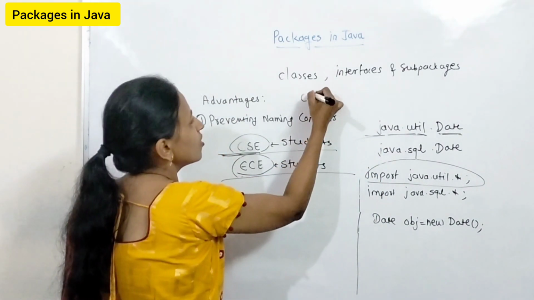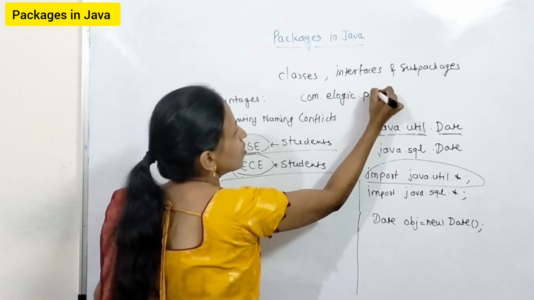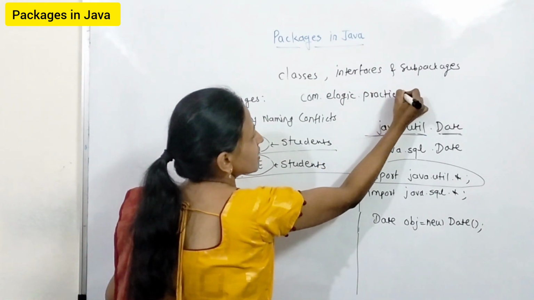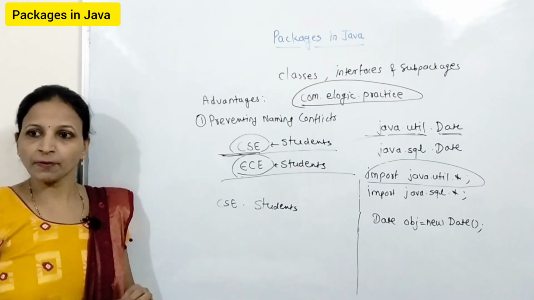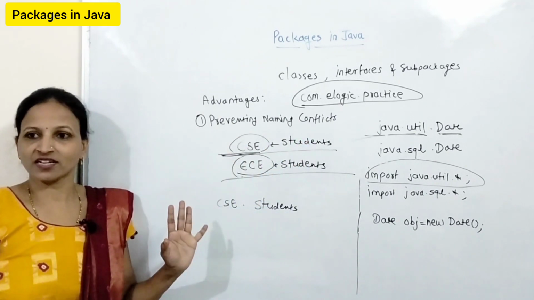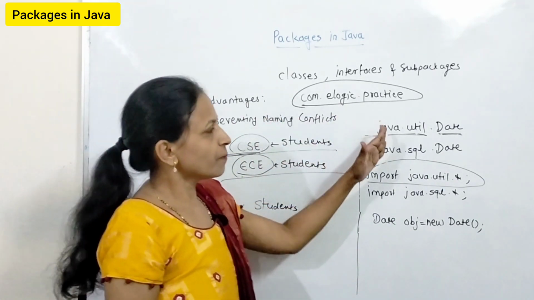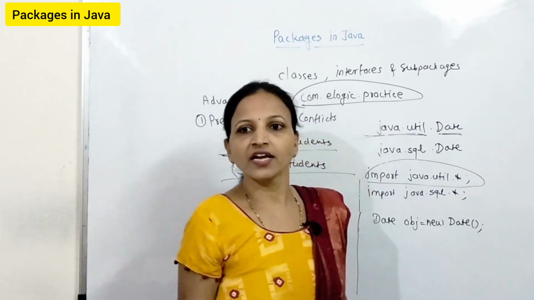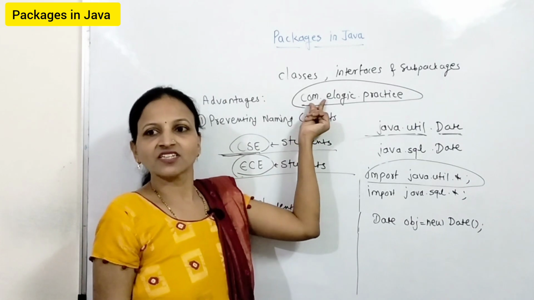Getting? com.eLogic.practice, this is my package name. Suppose this is my package name, we can create a package in this way also, just like inbuilt packages, and this is a better option. Always this type of package name is given. Why? Because suppose I want to create multiple sub packages under this com.